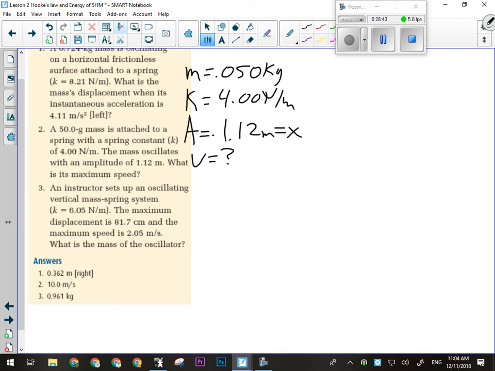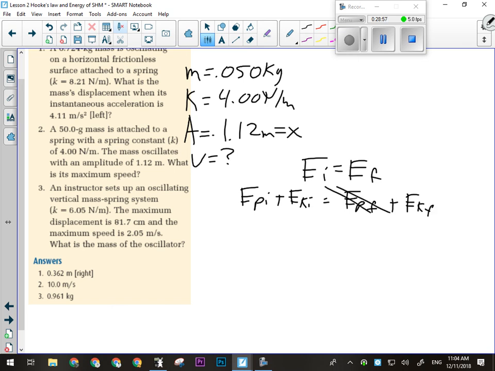So really what we're setting up here is a conservation of energy question, where we would say initial potential plus initial kinetic equals final potential plus final kinetic, but that's 0 and that's 0. Initially it's at its maximum displacement, and finally it's at its equilibrium position.